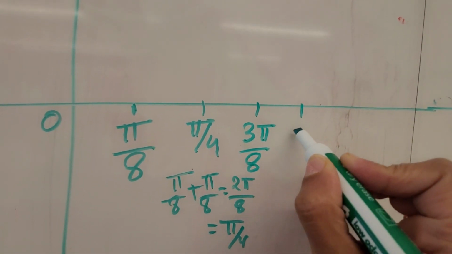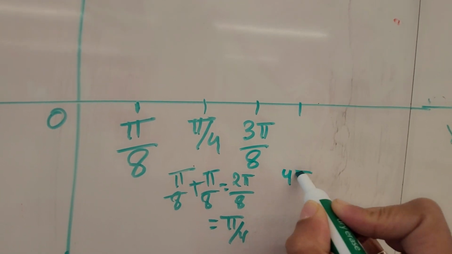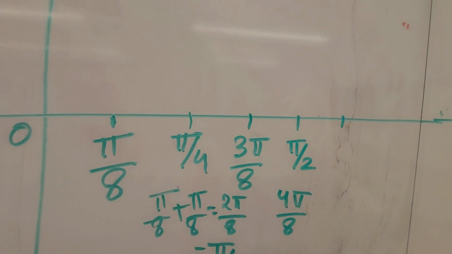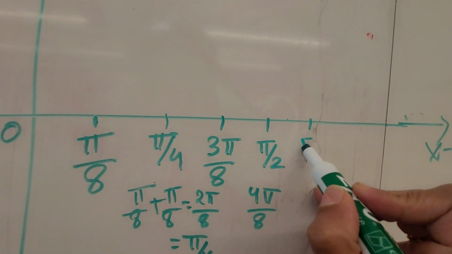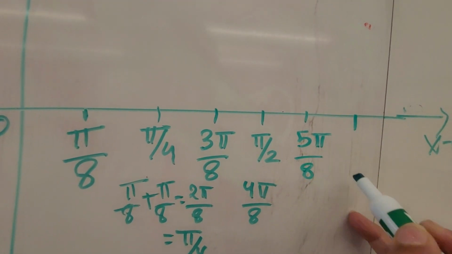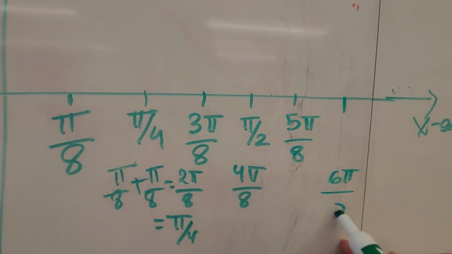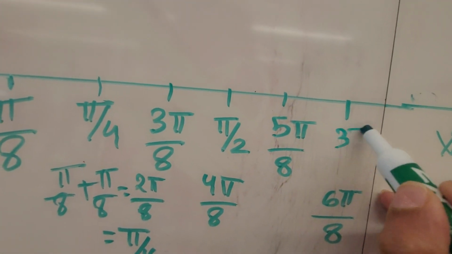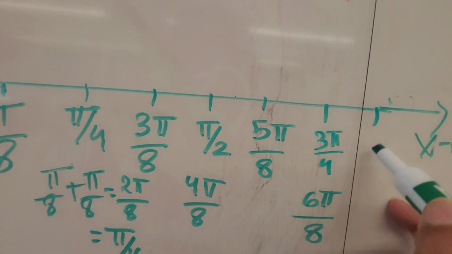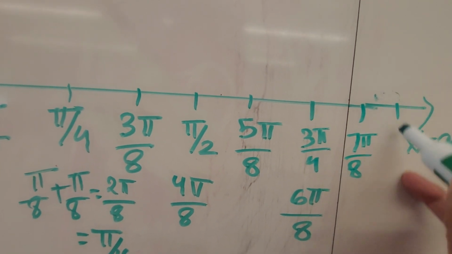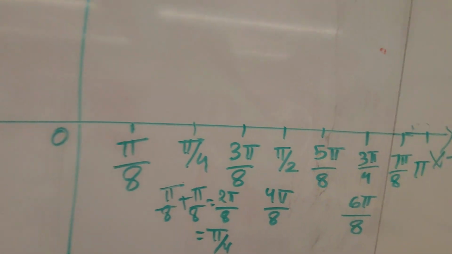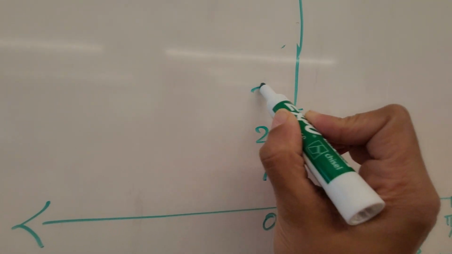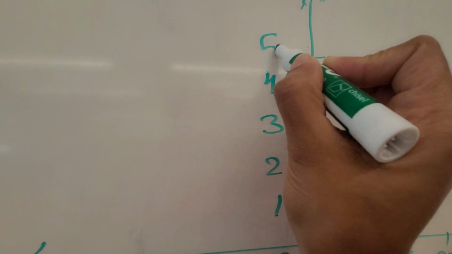This is 4 pi by 8, which simplifies to pi by 2. This is 5 pi by 8, and here I have 6 pi by 8, which can be simplified, 2 times 3 and 2 times 4, as 3 pi by 4. Then 7 pi by 8, and 8 pi by 8 is nothing but pi.